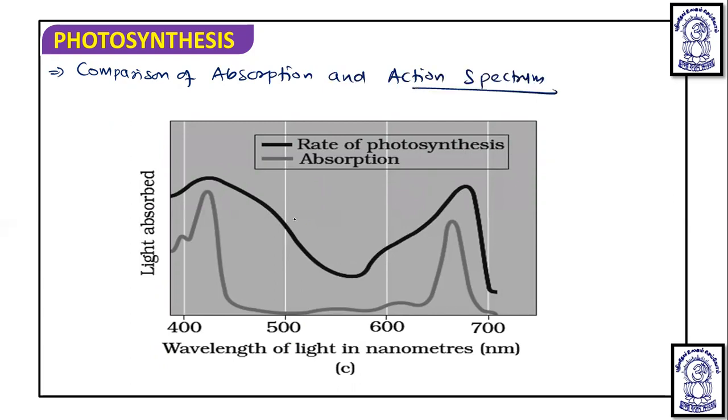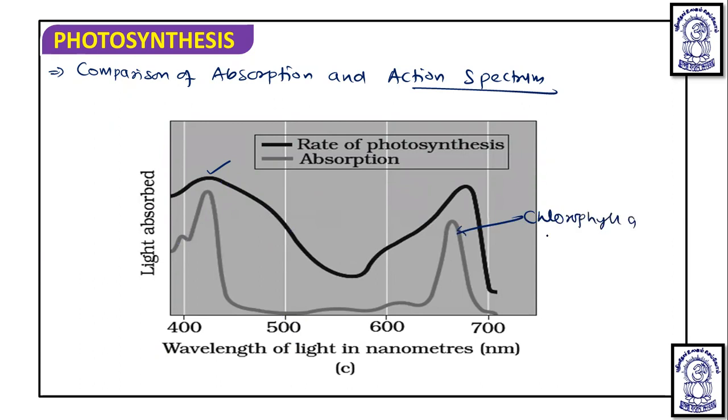In this comparison, you can see this dark black color shows the rate of photosynthesis, that is the action spectrum. And when we see the matching of this action spectrum with the absorption spectrum, this curve of absorption spectrum matches mainly with the rate of photosynthesis. And this curve is of chlorophyll A.